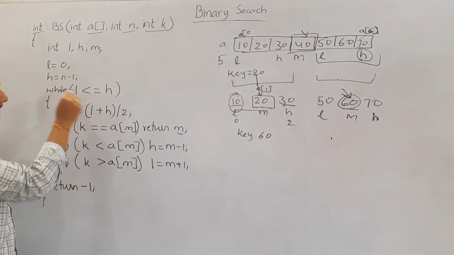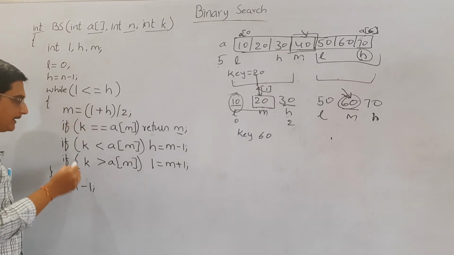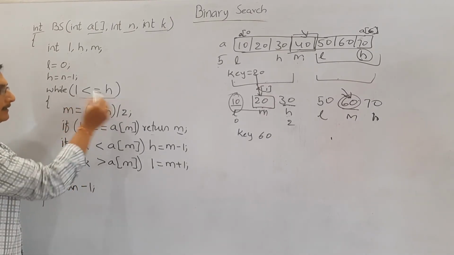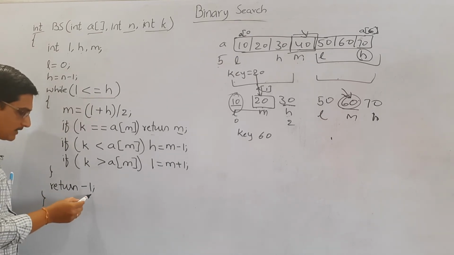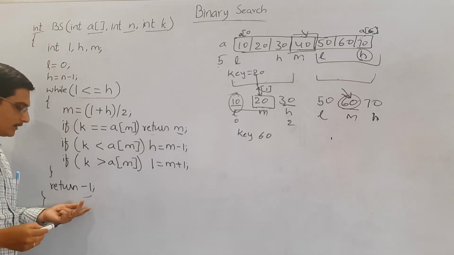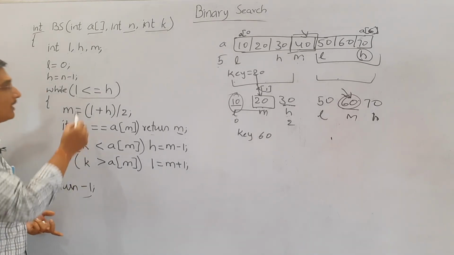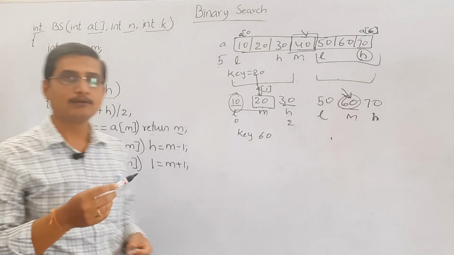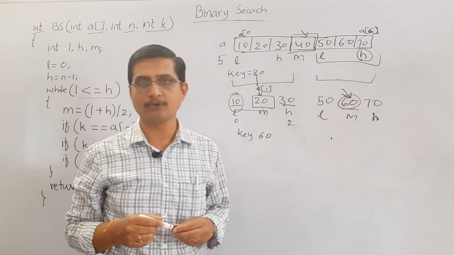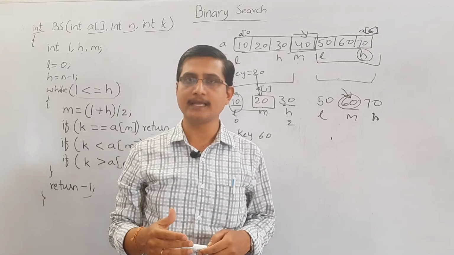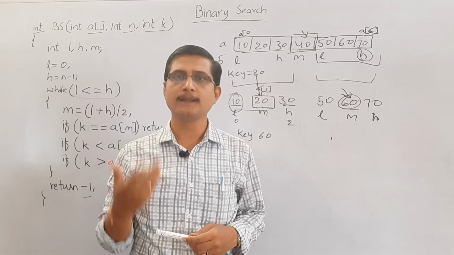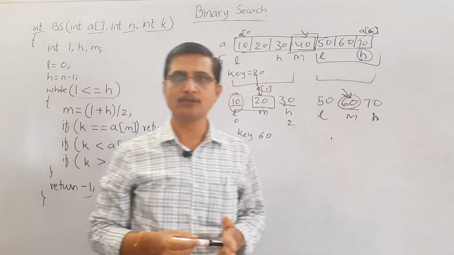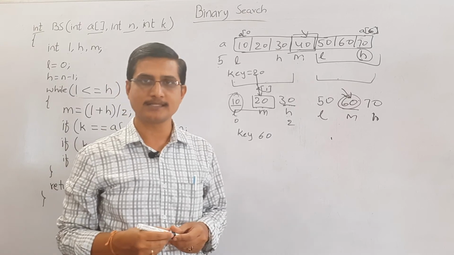This will be reiterated. If it is exhausted, then it means that it is an unsuccessful search. Then it is going to return minus 1. We can call this function in the main function, where we can ask the user to enter the number of elements, then enter the array elements, then enter the key, then call this function. Then you will come to know whether it is a successful search or unsuccessful search.